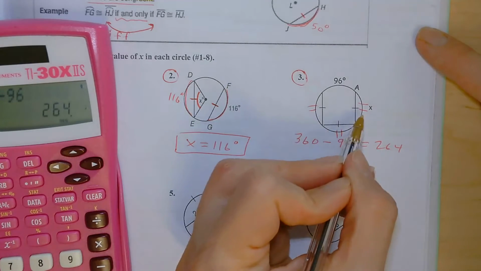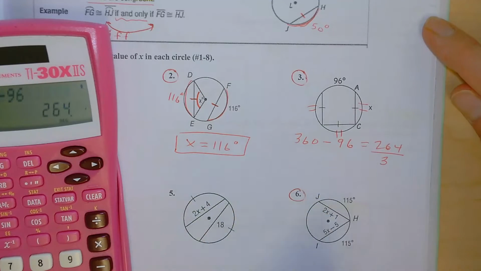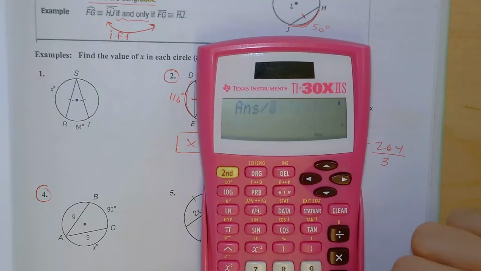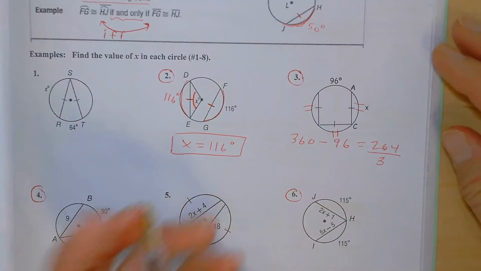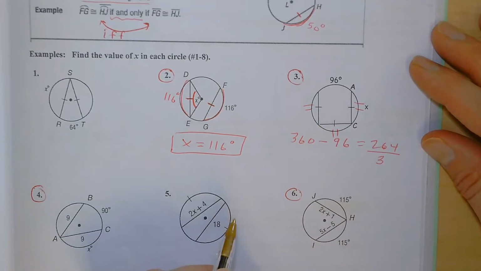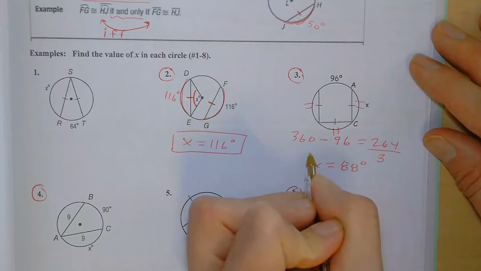We know the 3 arcs are the same, so we divide 264 by 3, and each of them will be 88 degrees. They asked you to find x, so x is 88 degrees.